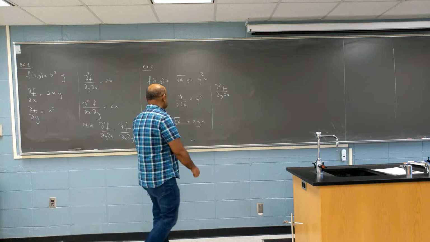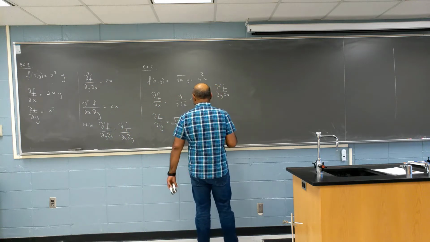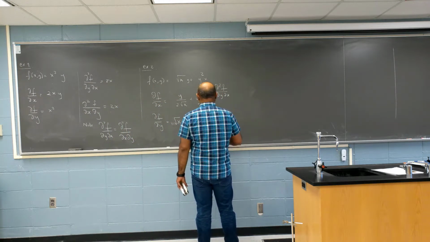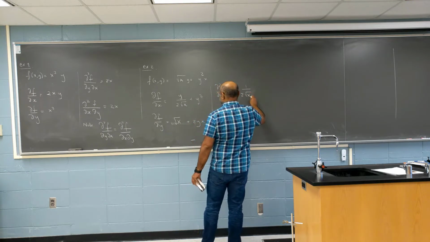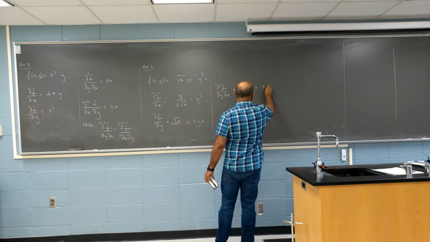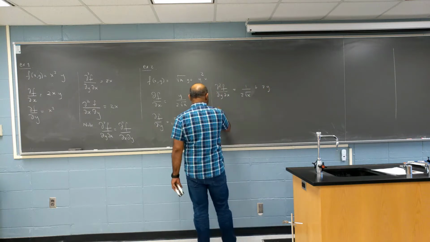Let's see how it pans out. I think this is going to be true, but I'll think of a clever example. So then this becomes 2 times x plus 2y. Ah, don't tell me.